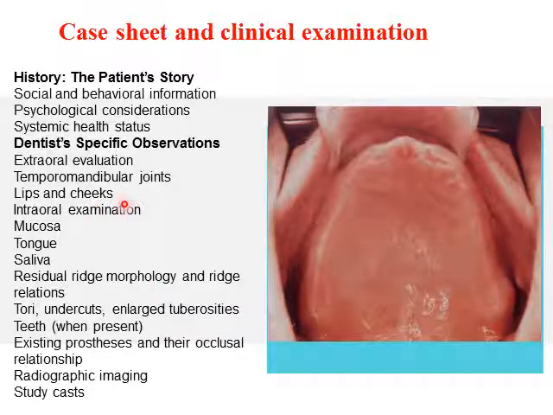Intraoral examination starts with checking the mucosa of the patient, whether it is firmly attached to the underlying bone or loosely attached, and this especially affects the proper impression and the impression material used for taking the final impression.